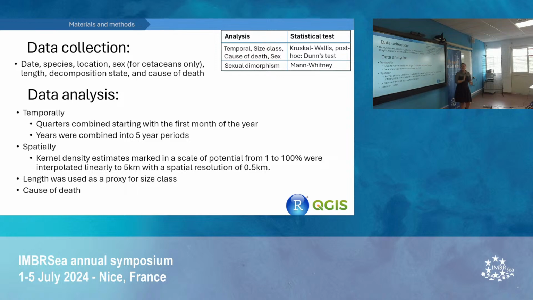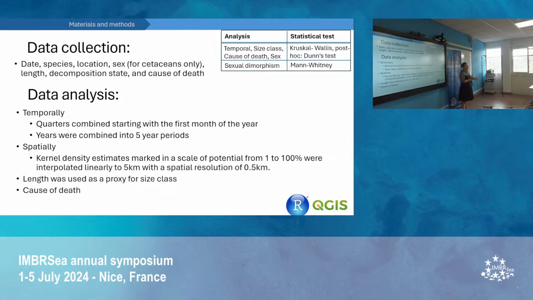And spatially, I did kernel density or heat map analysis at a potential scale from 1 to 100, where it was interpreted linearly to 5 kilometers, with a spatial resolution of 0.5 kilometers. Length was used as a proxy for size class based on current literature, such that the individuals were divided between juveniles and adults.